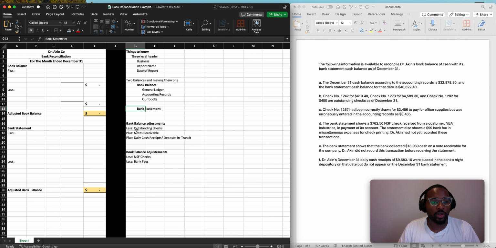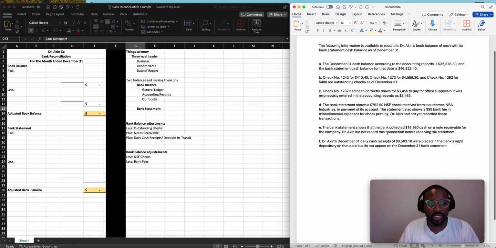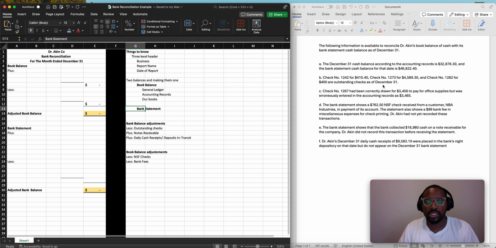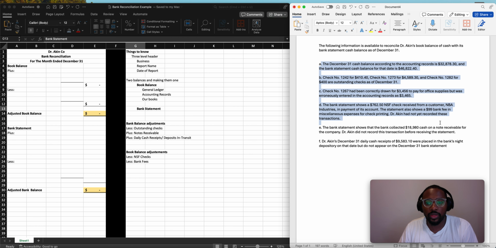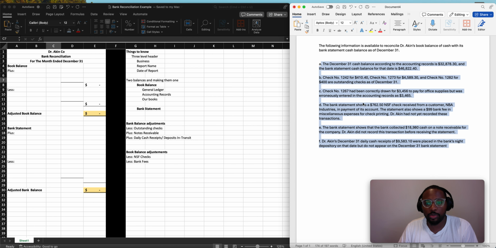I'm going to go through these examples so I can show you how to fill them out. In this example, I'm going to give you the answer, and I'm going to work out these problems over here. This is specific to these problems.